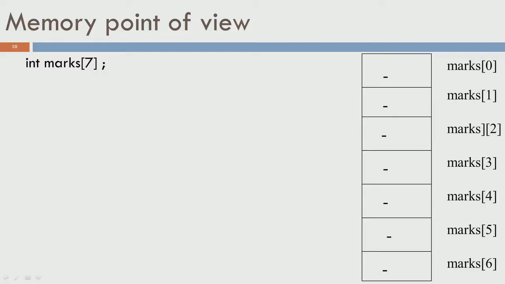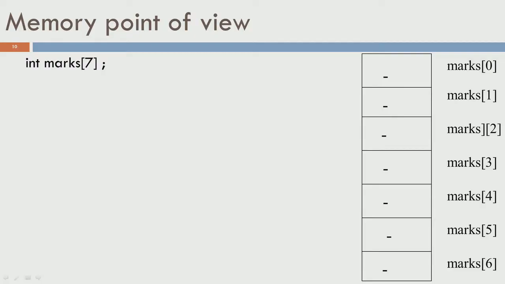This is not a mistake, it is marks of 0 to 6 and not 1 to 7. Some languages start indexing arrays at 1, but C indices start at 0. You can think of it as 7 variables, namely marks of 0 to marks of 6.